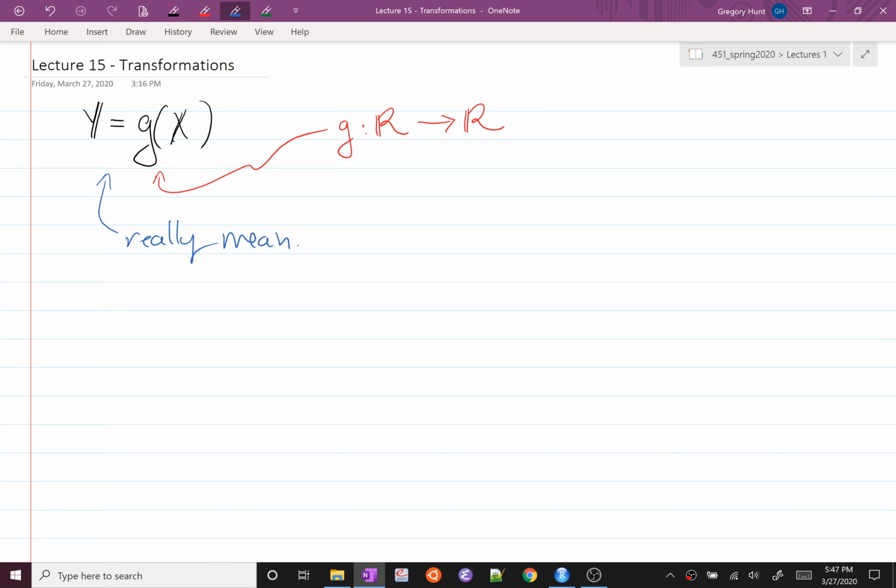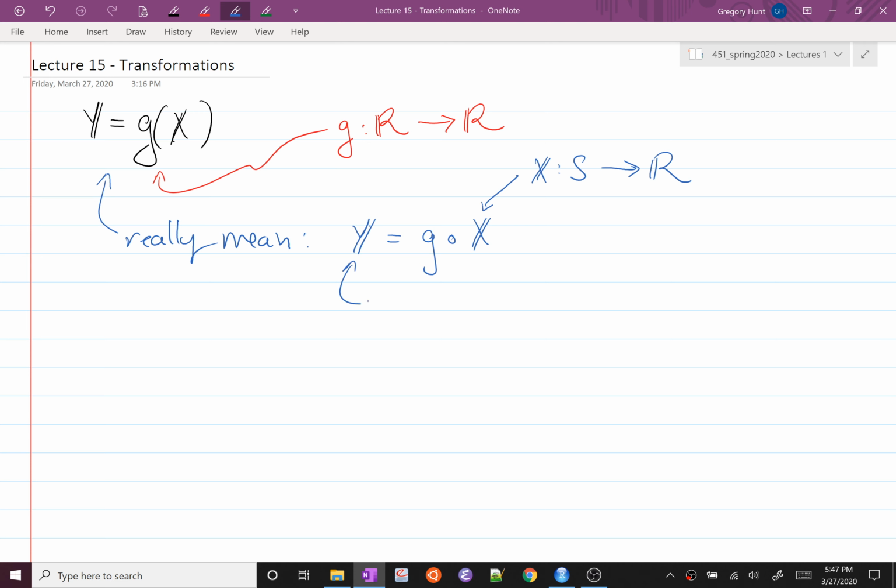when we talk about g of X, where X is some random variable, is that this new random variable Y is the composition of g with X. So remember that our random variable X is really a function. X is a function from my sample space to the real numbers.